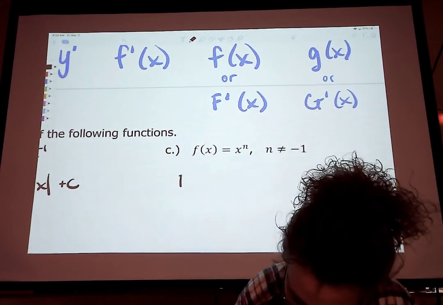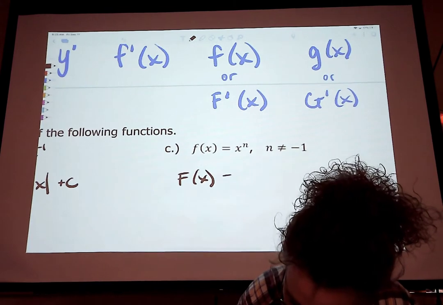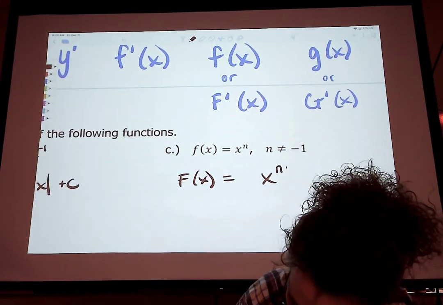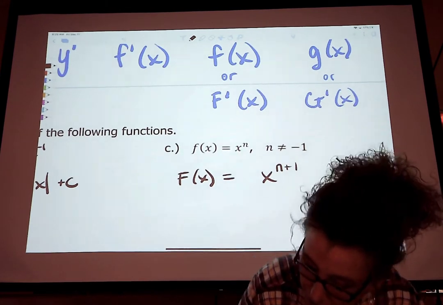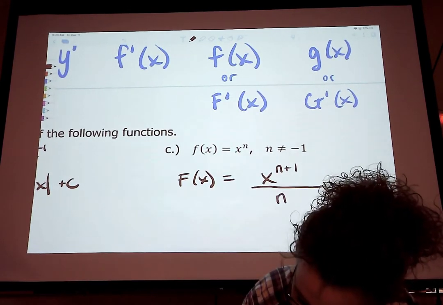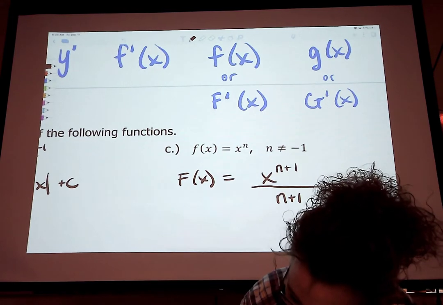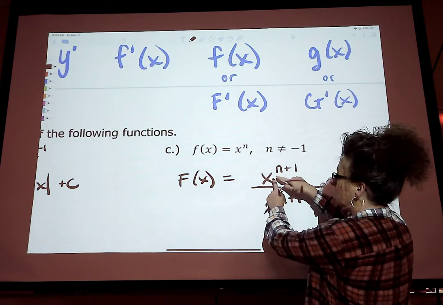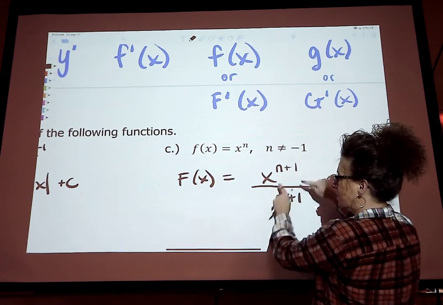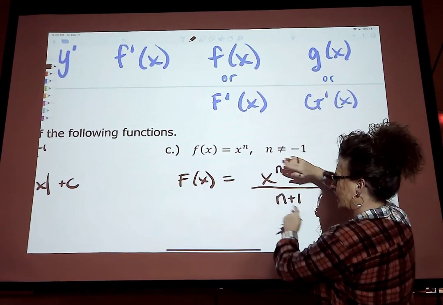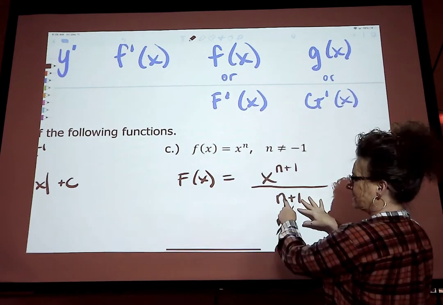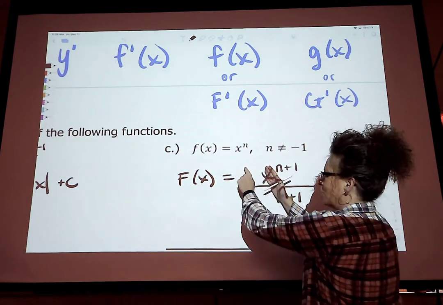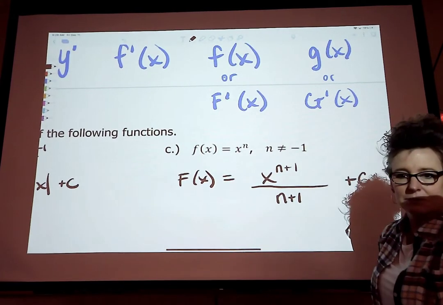I'm going to call it big F, raise it, and divide. You remember you raise it first, then you divide by whatever you get. Instead of writing it like this, I could have written 1 over n plus 1 out in the front. It's whatever.